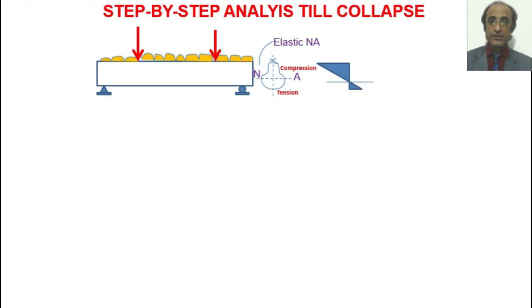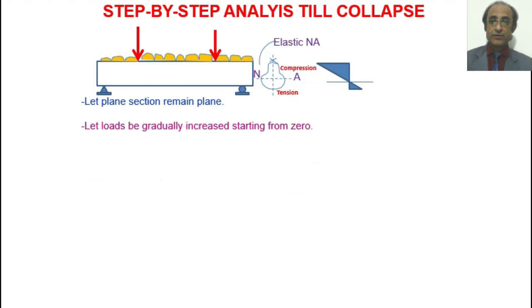For example, here we took a section which has more area contributing towards the tension, so it's stronger in tension and weaker in compression. So the stress diagram is something like this, because the neutral axis is downward. So naturally here the top stress, which is compressive, is much higher as compared to the bottom stress, which is tensile.